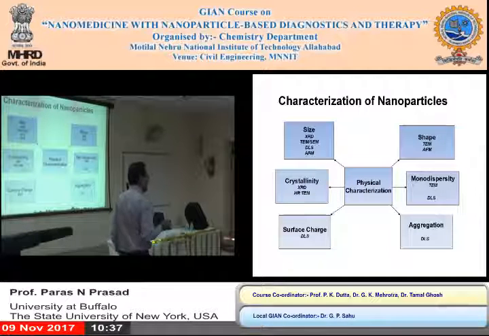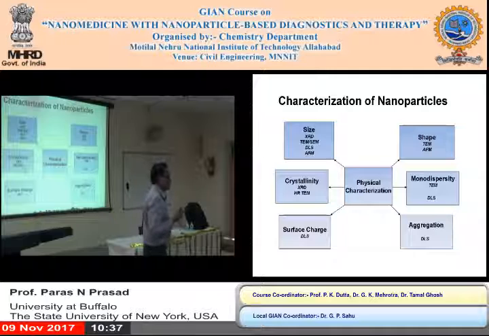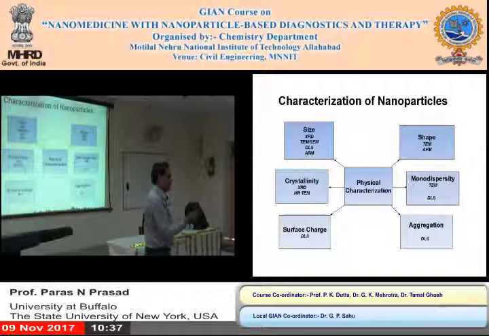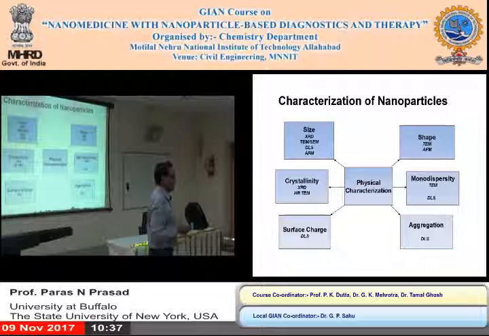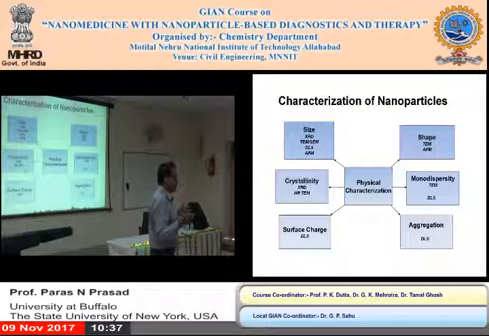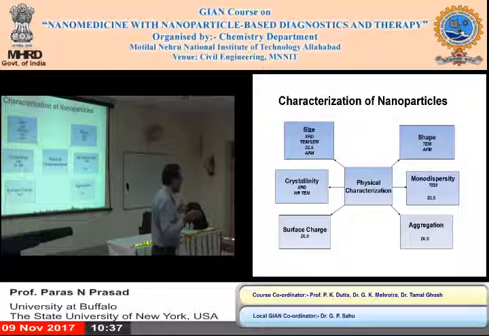Now if they aggregate, so you take firstly TEM, and you can see the nanoparticles, they are small. And then you go in dynamic light scattering, and all of a sudden you see the sizes are not 50 nanometers that I saw in transmission electron microscope, but it appears like 500 nanometers.